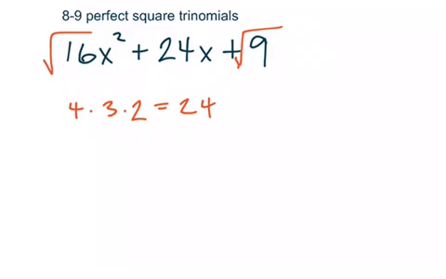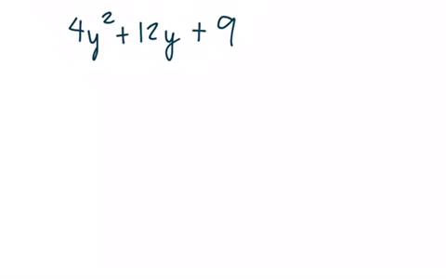All right, so if that is the case, how do we go about factoring a perfect square trinomial? Let's go with a new example here. In order to factor a perfect square trinomial, this is really simple.